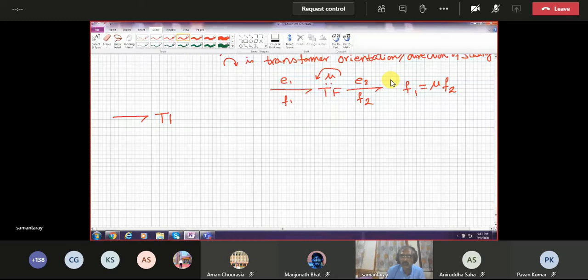This is a transformer again, with E1, F1, E2, F2, one direction like this, the other direction like this, and let's say we put a separator here.